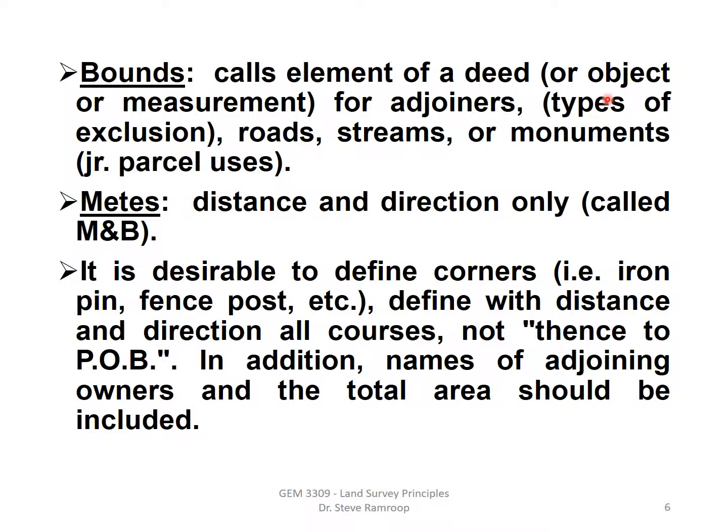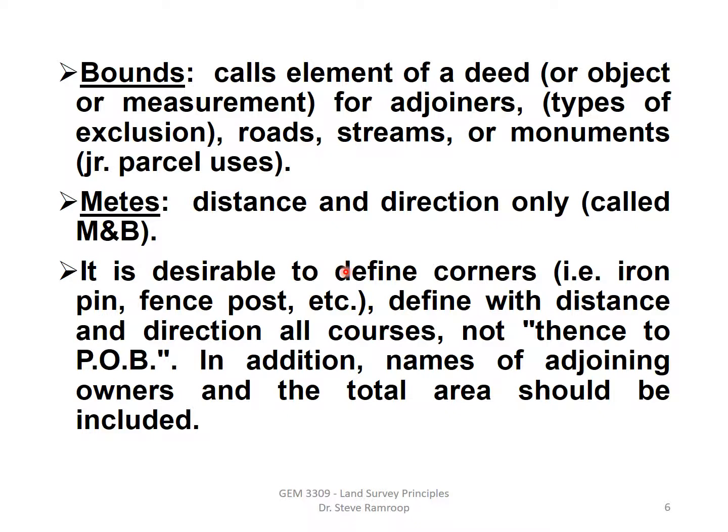Another object could be a river, bounded by a river by its name. Also, bounds can be defined by their adjoiners, the type of exclusion, the roads, the streams, or the monuments. Metes description can be in the form of a distance and a direction only.